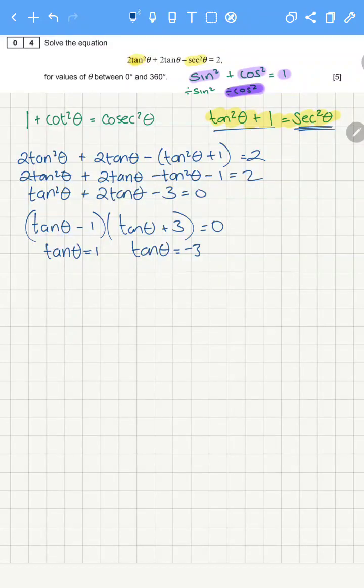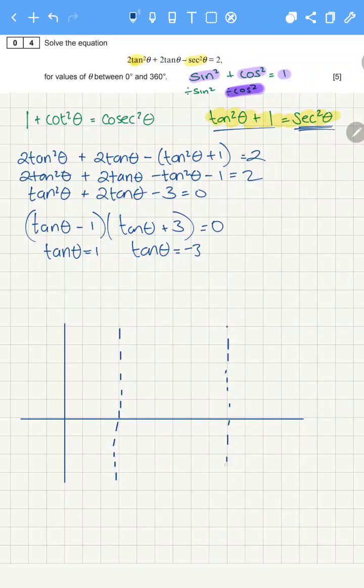And you will need to solve these between 0 and 360. Okay, you can use the tan graph if you like to do this. We're going to need some asymptotes, at 90 and 270.